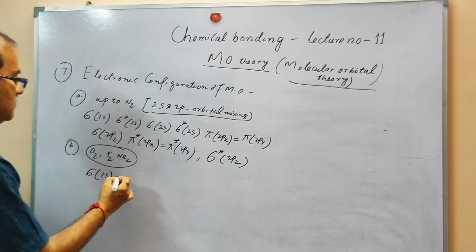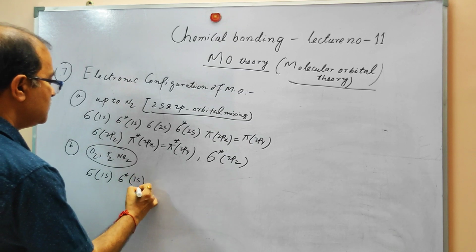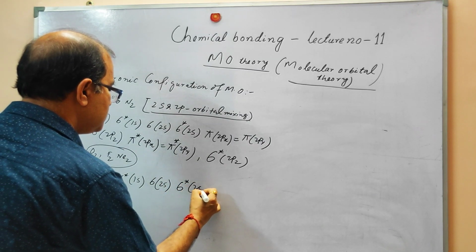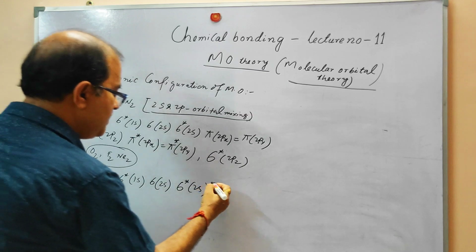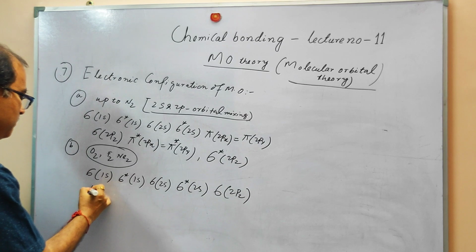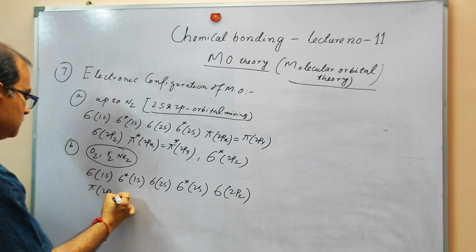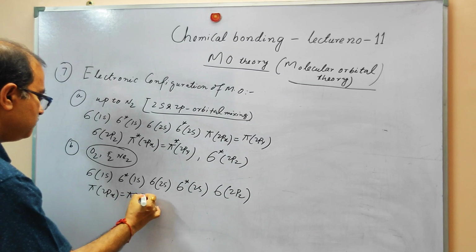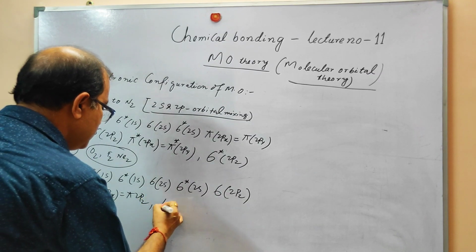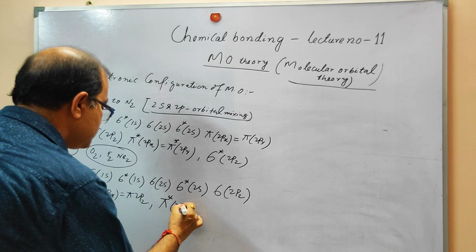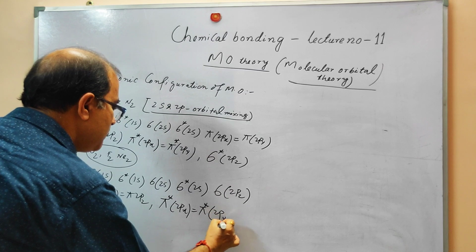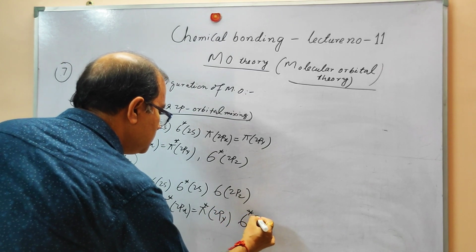That is sigma 1s, sigma star 1s, then sigma 2s, sigma star 2s, then this changes: sigma 2pz followed by pi 2px equal to pi 2py, then pi star 2px equal to pi star 2py, and then sigma star 2pz.